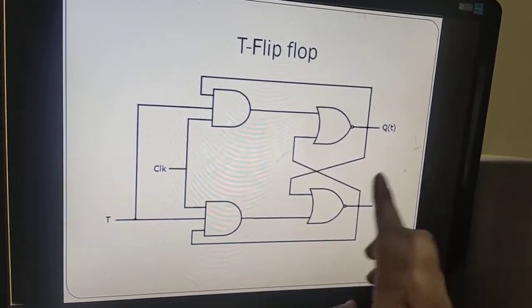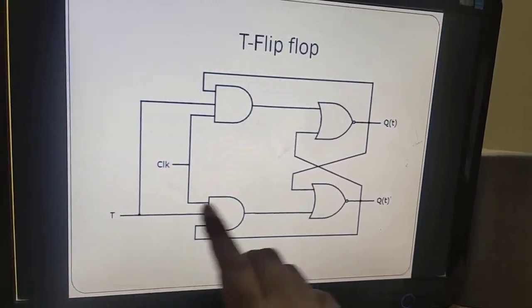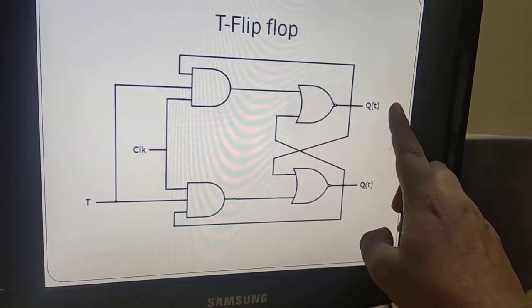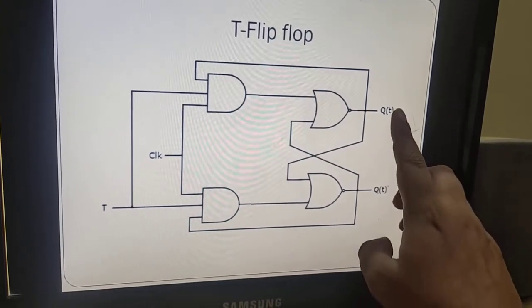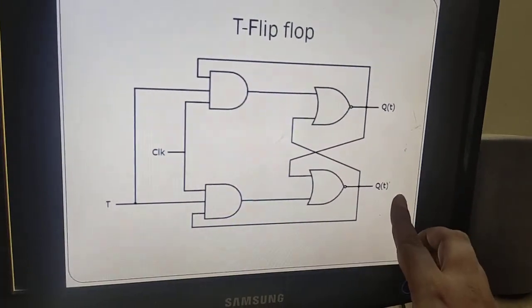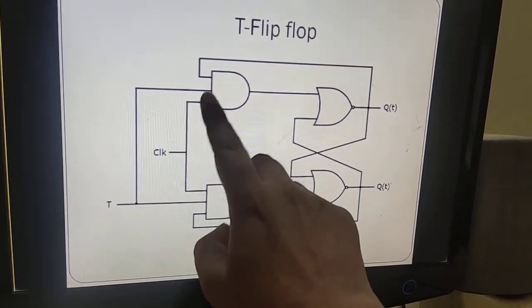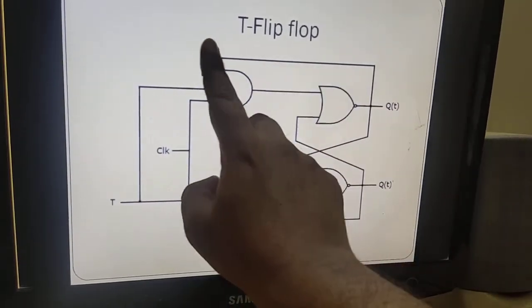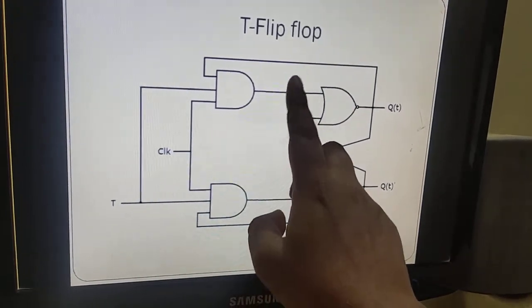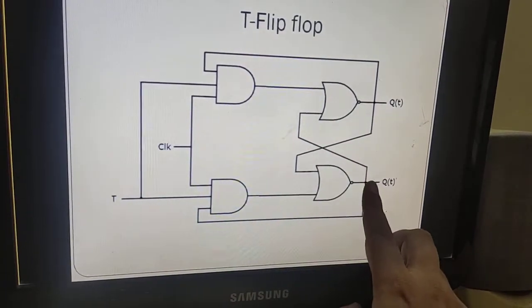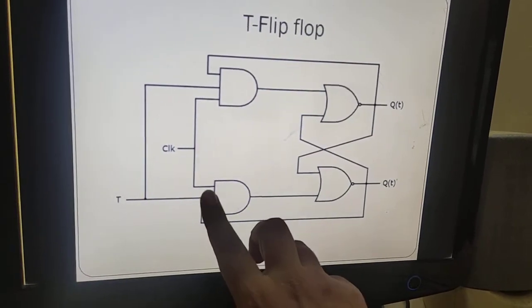Suppose now I am changing T is equal to 1. Earlier it was 0, and this is 1. So again you take this is 0, this is 1, and this is equal to 1. This 0 will come here, this is 1, this is 1, so again it will be 0, and this 1 will come here, this is 1, this is 1, this is 1.